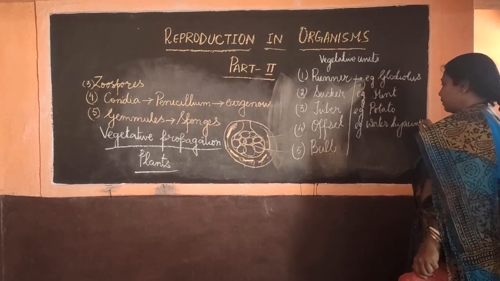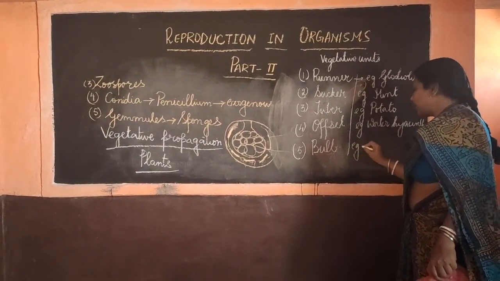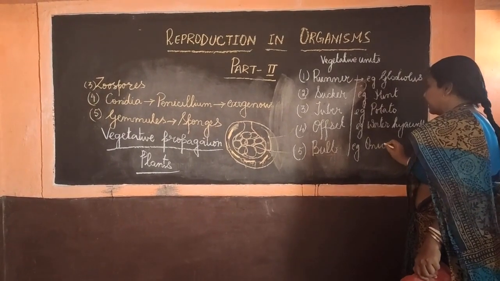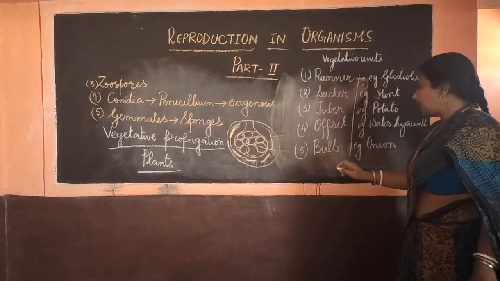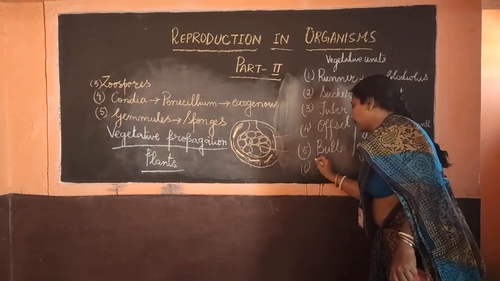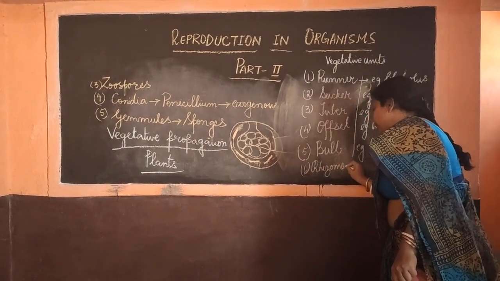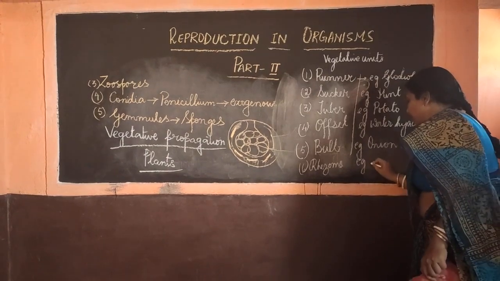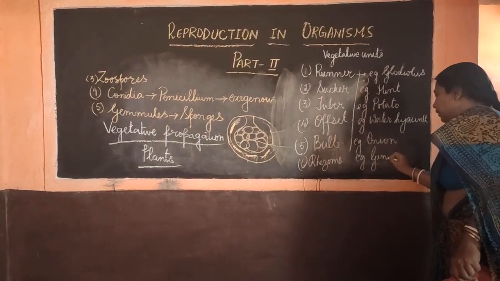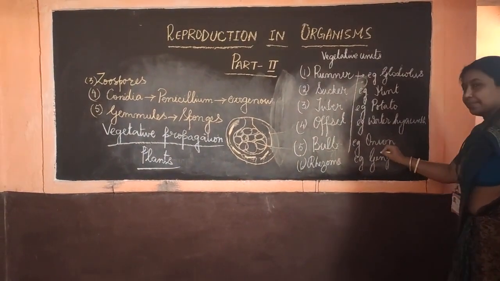And bulb, the most common one, is onion. Then also one thing is missing which was not mentioned. You can include rhizome also, and the best example of this is ginger.